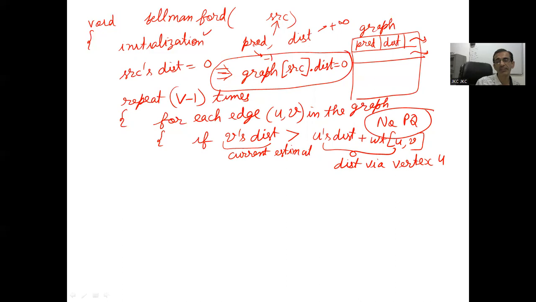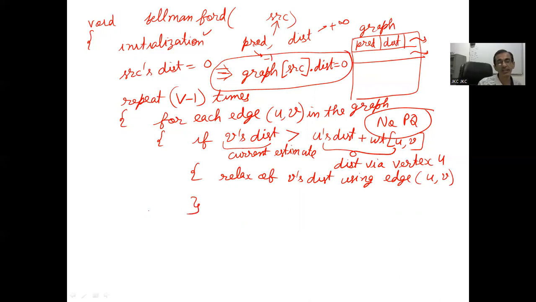If this can be further reduced, so effectively I am going to do the relaxation of V's distance using edge UV. That is what we have just written in one line logic, and this is what it means.